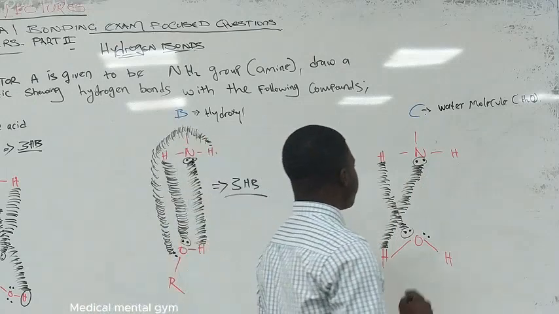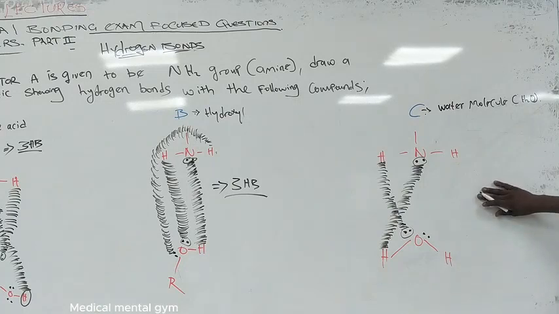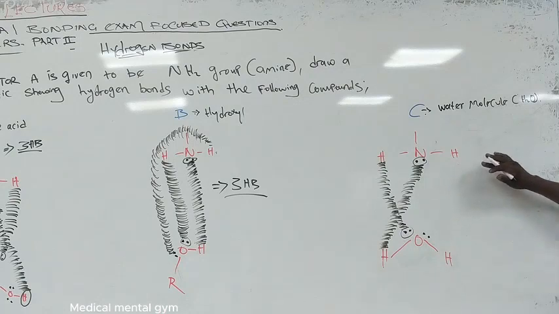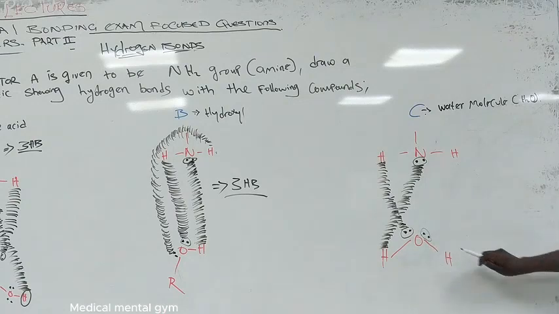So let's survey for any hydrogens and electronegative atoms left, and let's try to see possible hydrogen bonds that can be formed between these 2 molecules. So how we identify the bonding between the hydrogen and an electronegative atom is the presence of a free lone pair. So let's identify a free lone pair.